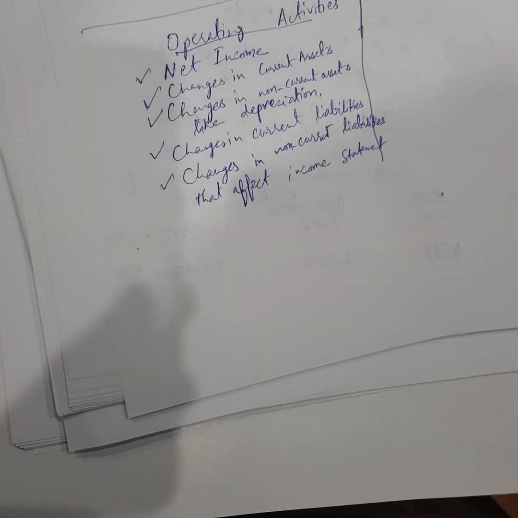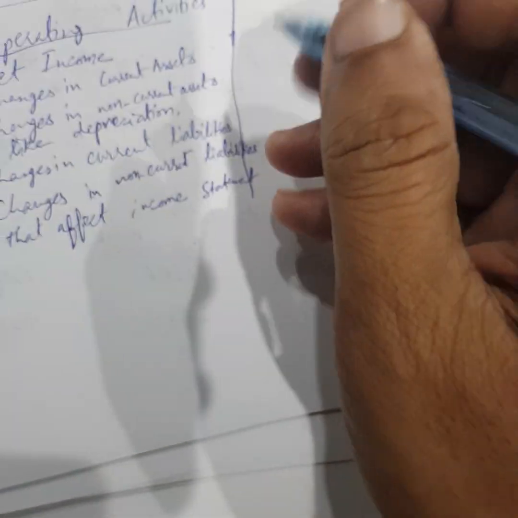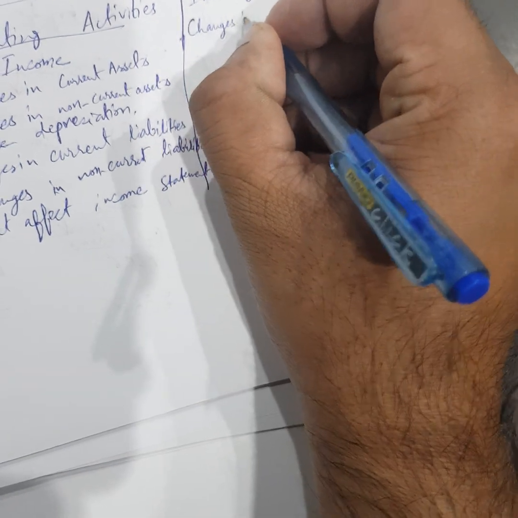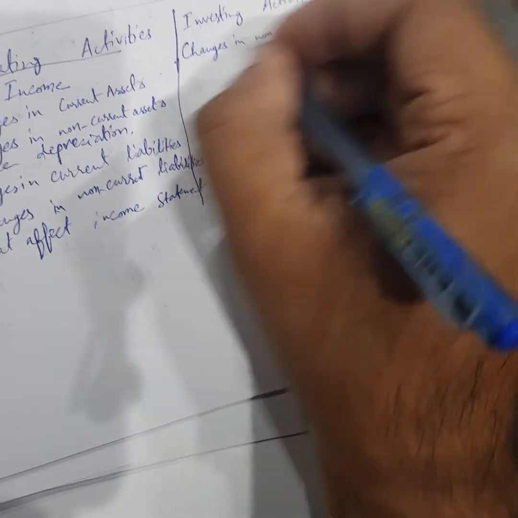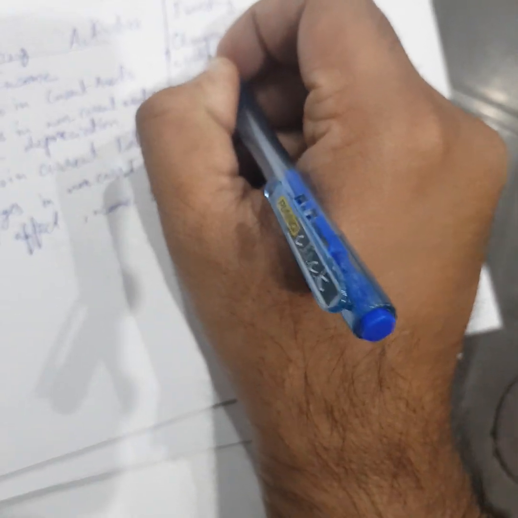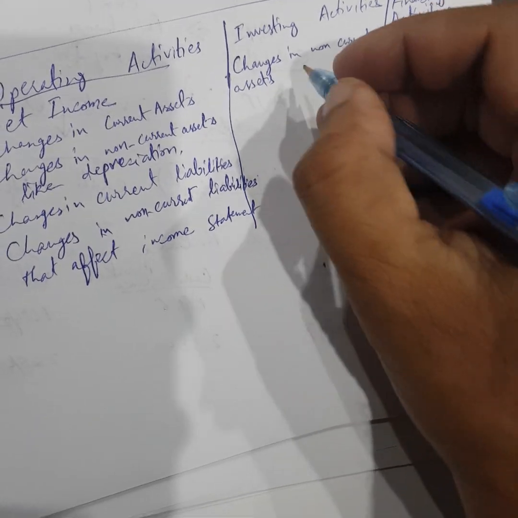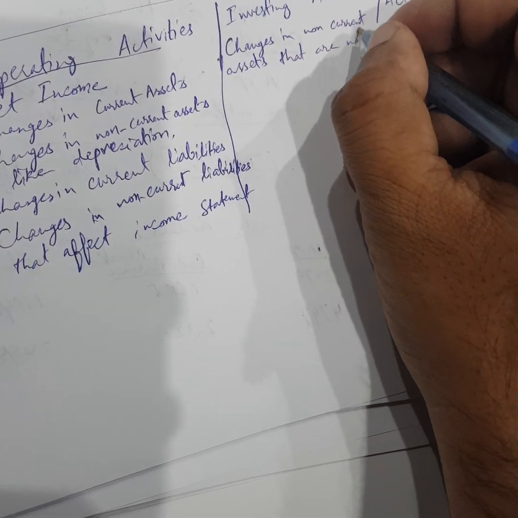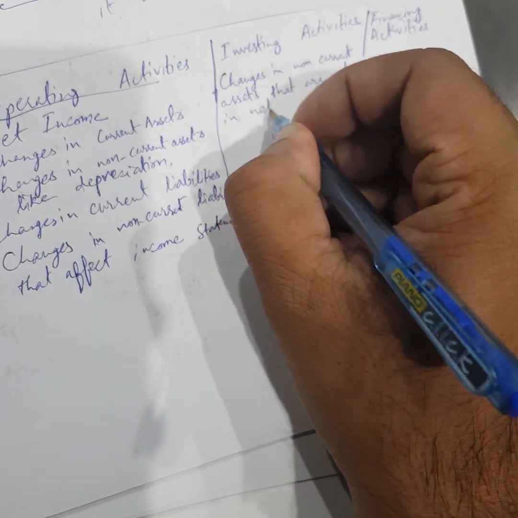So what will come in investing activities? Changes in non-current assets that are not included in net income.